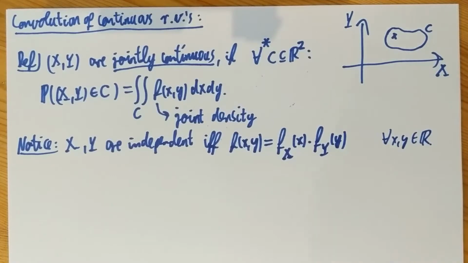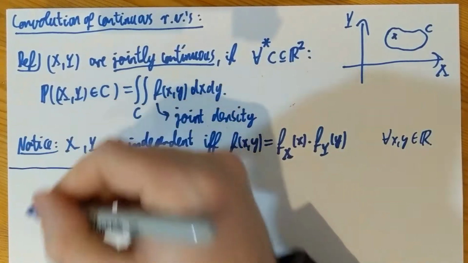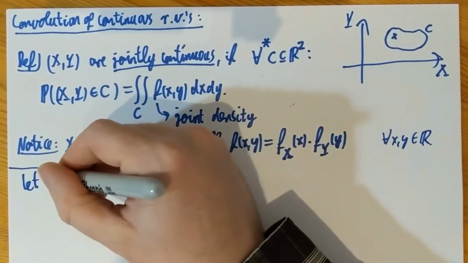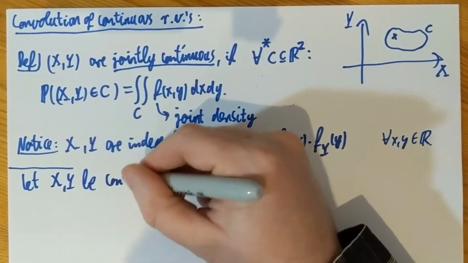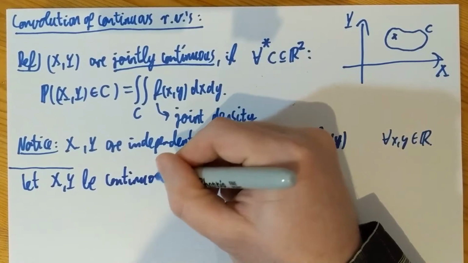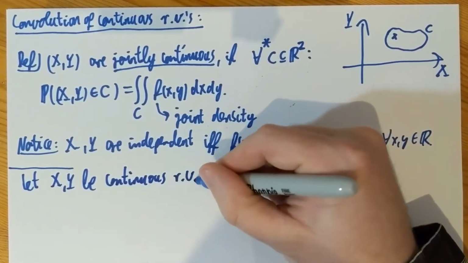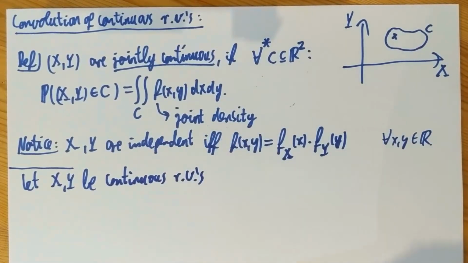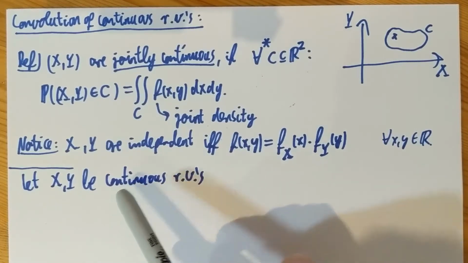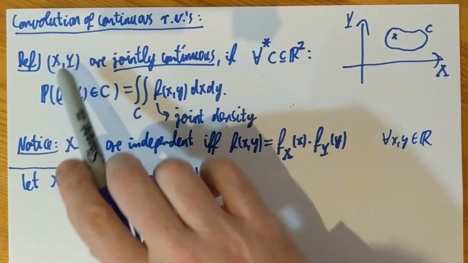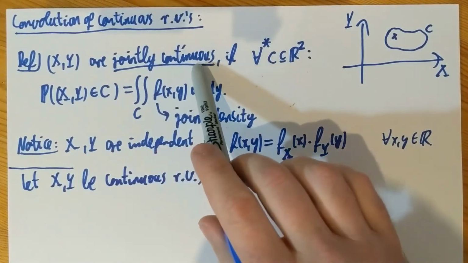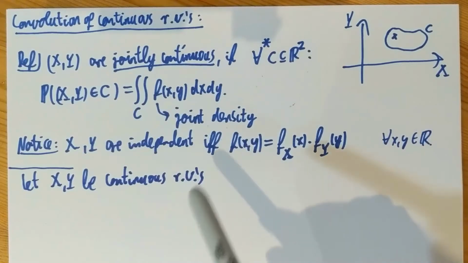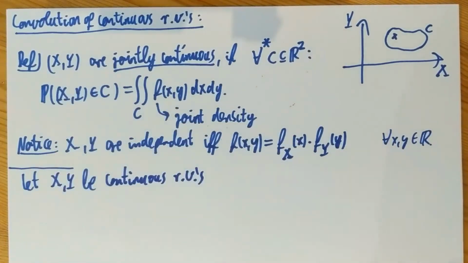And so now let's find out. As usual, let X and Y be separately continuous random variables. And here's a note I want to make: you can have a pair of two continuous random variables not being jointly continuous. So jointly continuous is a bit stronger than the marginals X and Y being continuous.